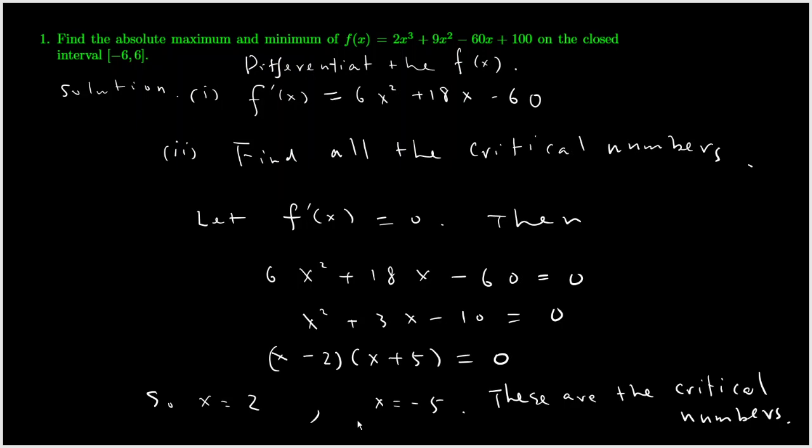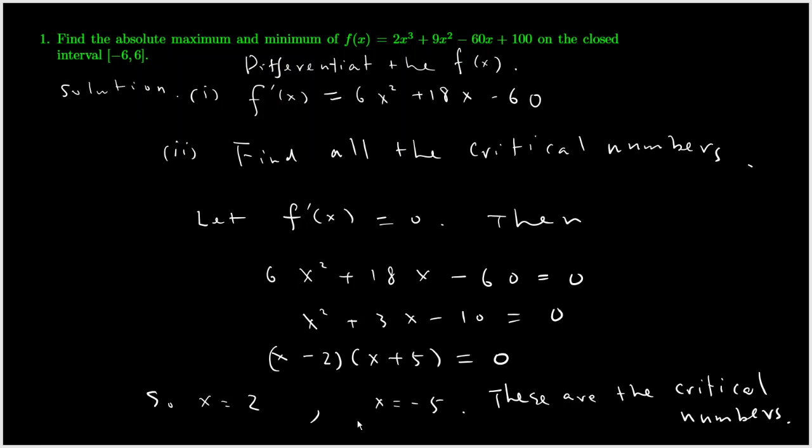The first two steps are essentially the old stuff, right? Now the new thing. Now concentrate. When the domain of the function is a closed interval, we do not form a table.